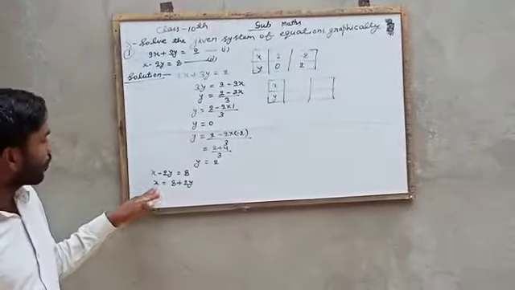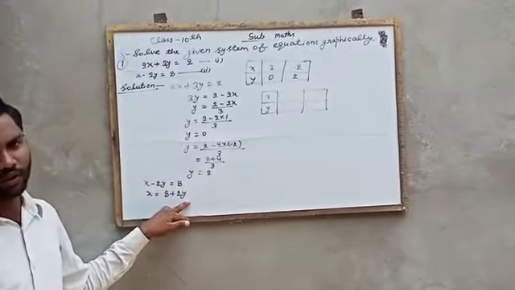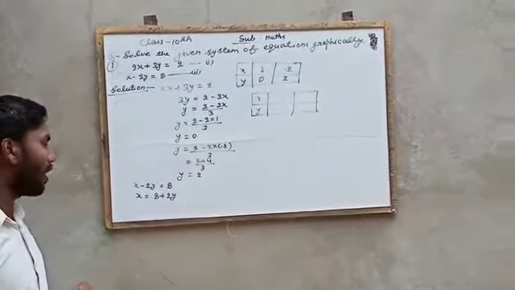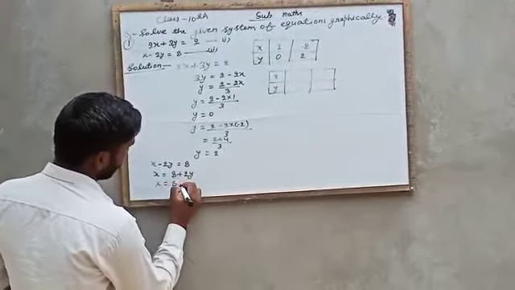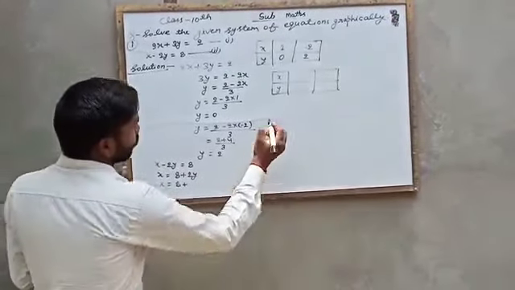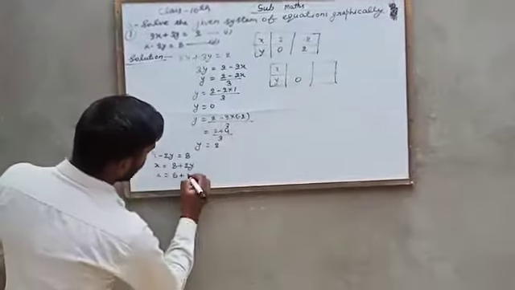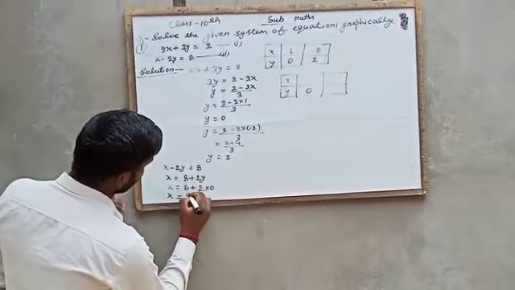This time we have written x is equal to 8 plus 2y, so we will put the value of y. We put y is equal to 0, so x is equal to 8 plus 2 into 0. So x is equal to 8.